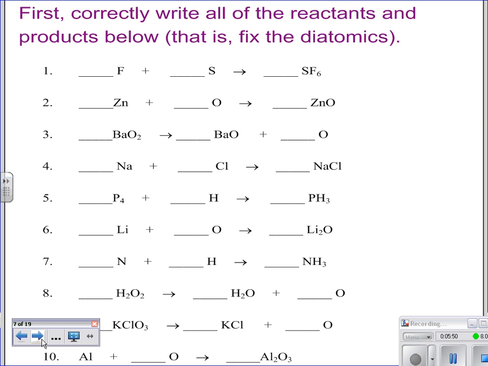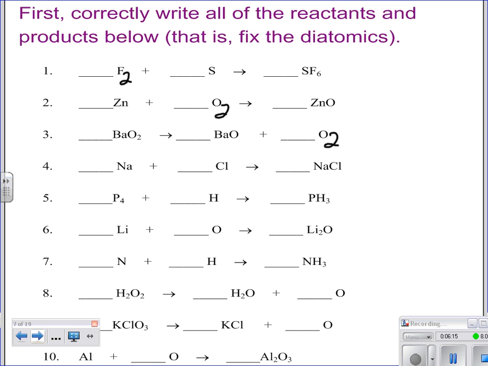So in number 1, is anything a diatomic? Which one? Fluorine. So fluorine needs to be 2. So what about sulfur? Nope. Okay, number 2. Any diatomics? Oxygen. Well, if that's the case in number 2, then that would also be the case in number 3.